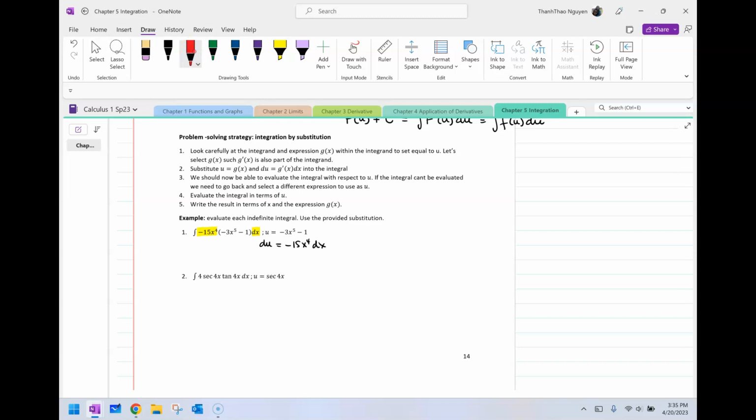I then can rewrite this integral, now becoming u times du. This is equal to 1/2 u squared plus c. Okay, so this is 1/2 of negative 3x to the fifth minus 1, squared, plus c.